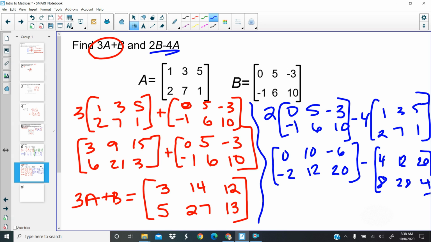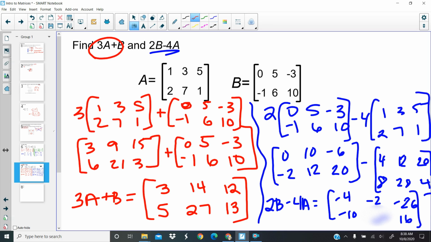And so then I just need to actually subtract these two matrices, and our resulting matrix, 2B minus 4A, should be 0 minus 4 is -4, 10 minus 12 is -2, -6 minus 20 is -26, -2 minus 8 is -10, -2 minus 28 is going to be -30, and then 20 minus 4 is going to be 16.